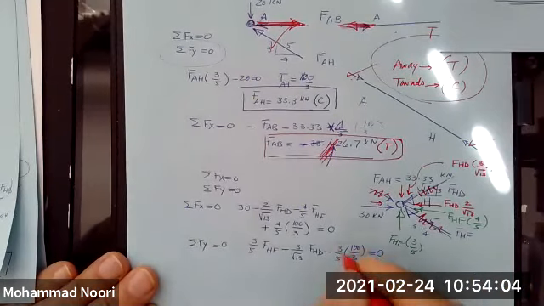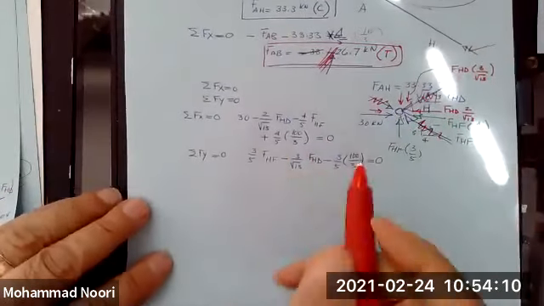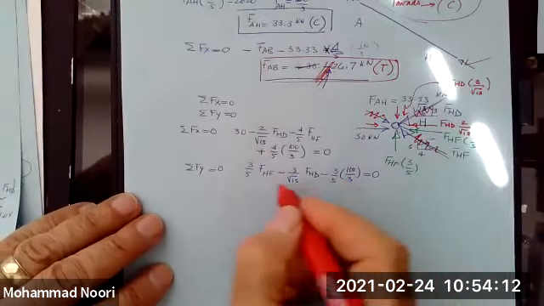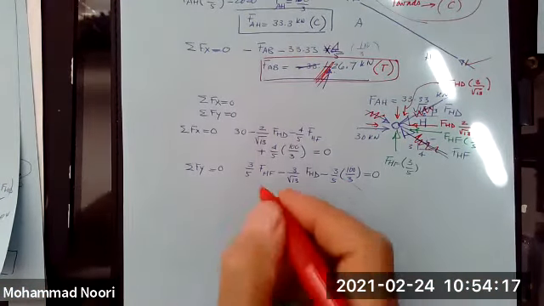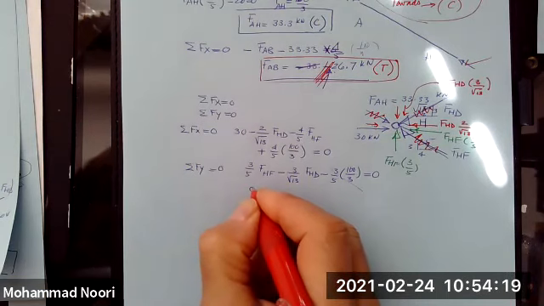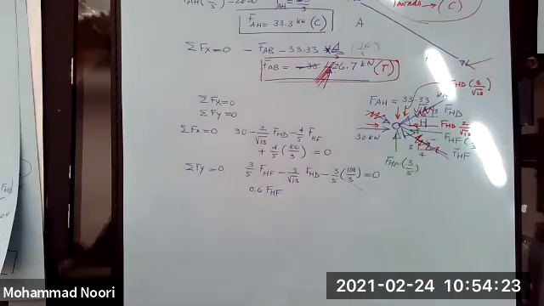I need just two equations for two unknowns, so let me solve for those two. I will simplify this. This is 0.6 F_HF. And let's see how much is 3 over square root 13. Let me take square root of 13 times 3.